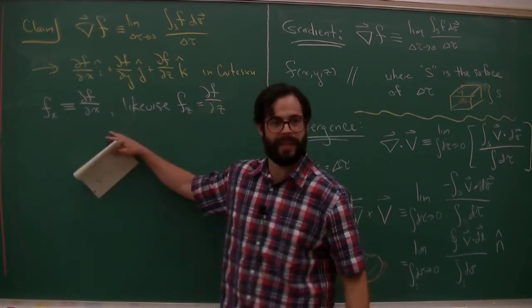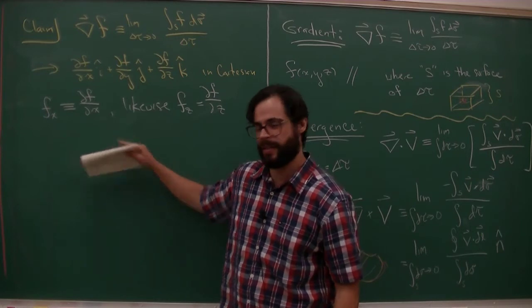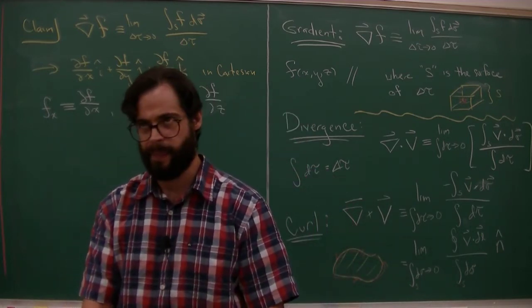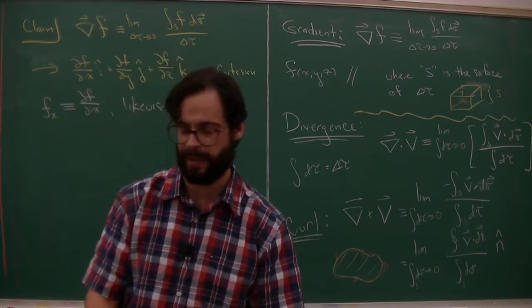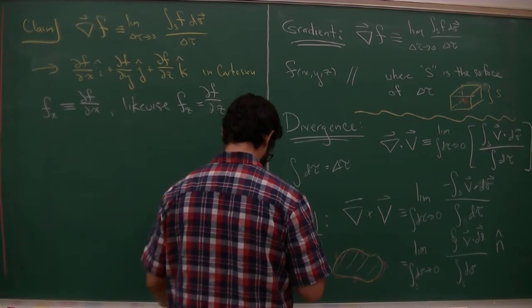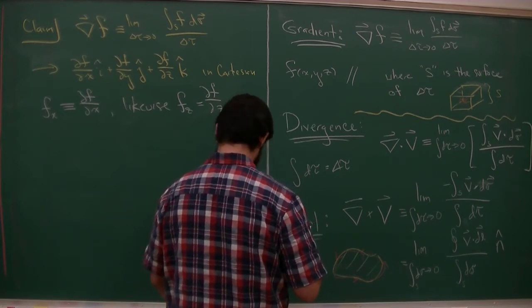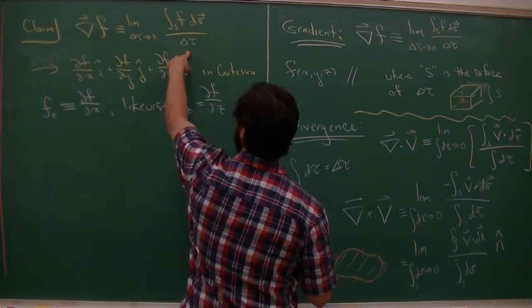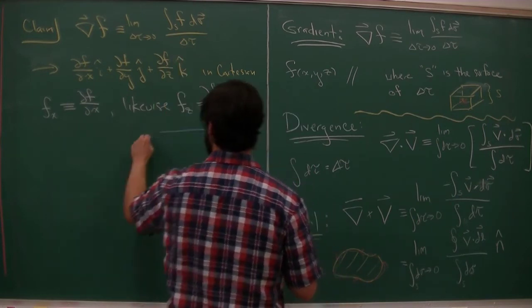This isn't just me, this is pretty common notation if you're taking a partial differential equations class. So we're going to prove this, and to do that, we're going to need a big honkin' picture of this box in Cartesian coordinates.